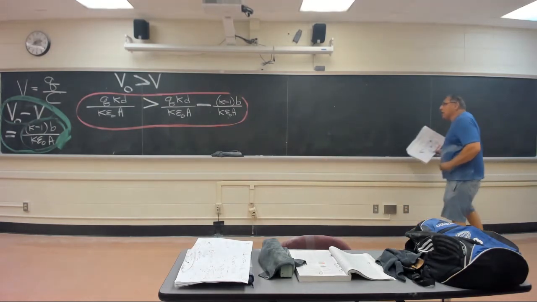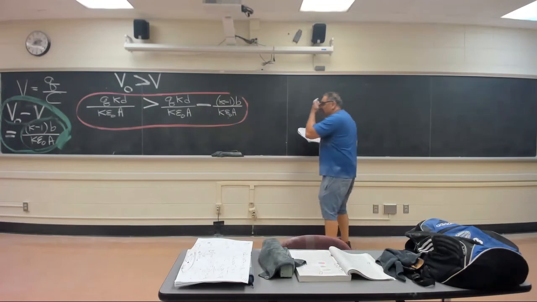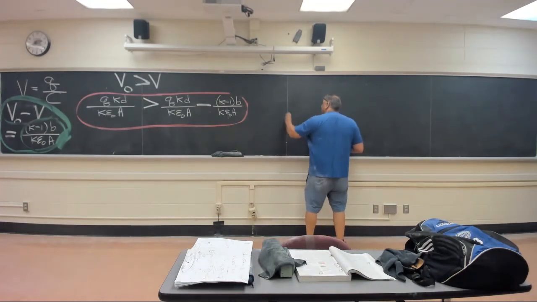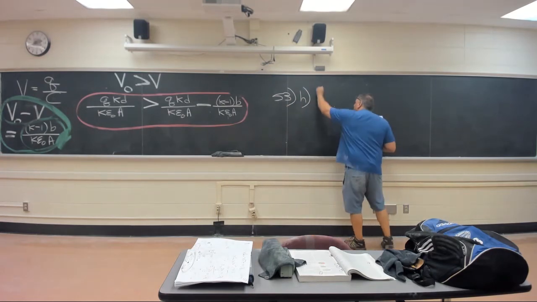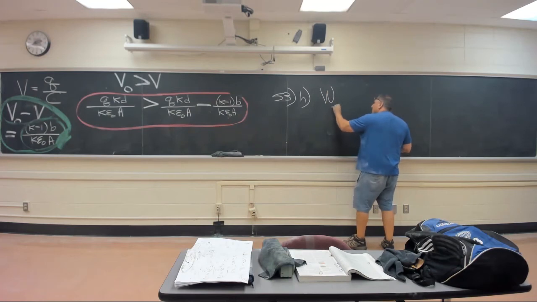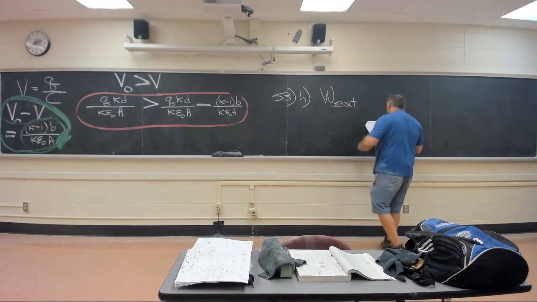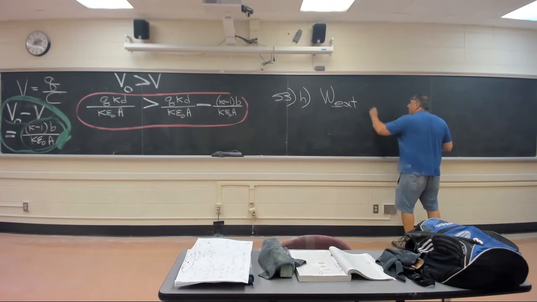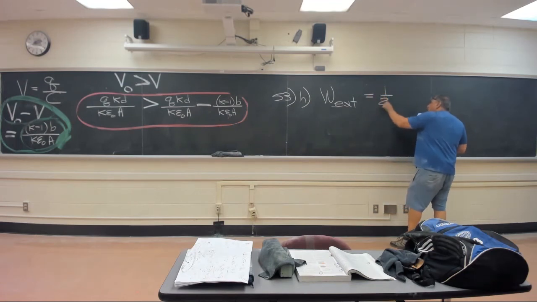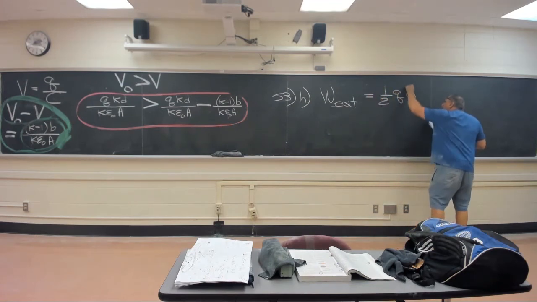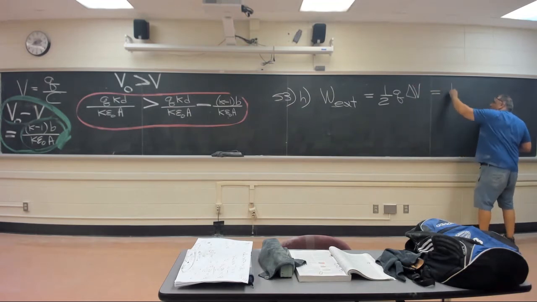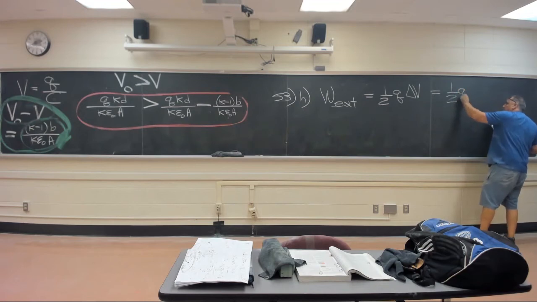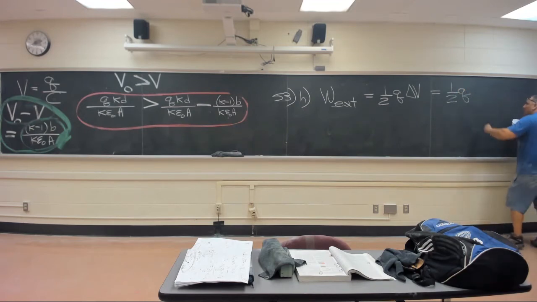What's going on here? The way this plays out is work external is 1/2 Q delta V equals 1/2 Q, same Q, the system.